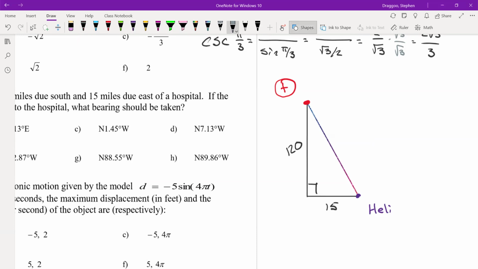I'll probably want a compass rose. I'll place it on top of the helicopter. And the helicopter wants to fly from its position back to the hospital.